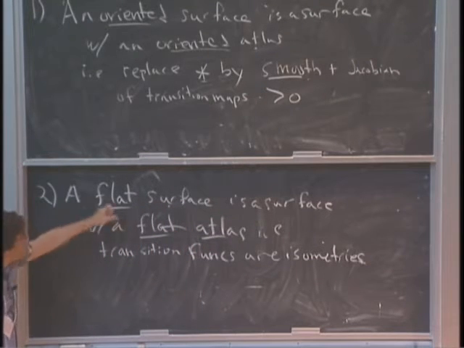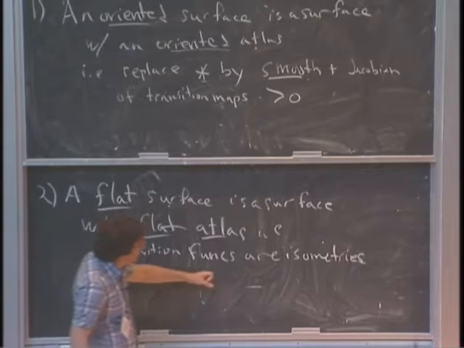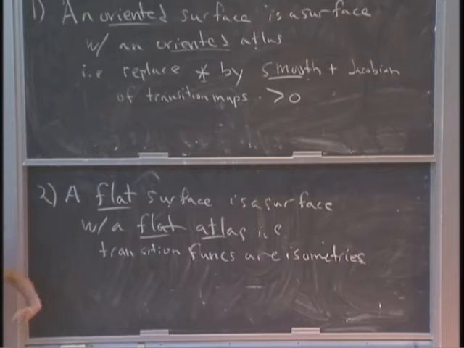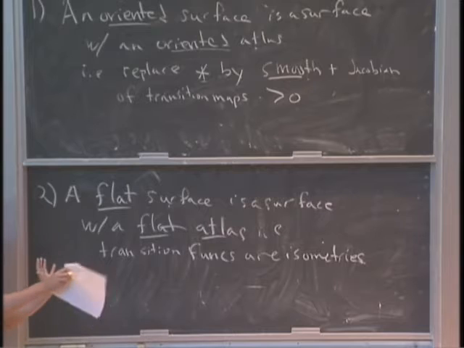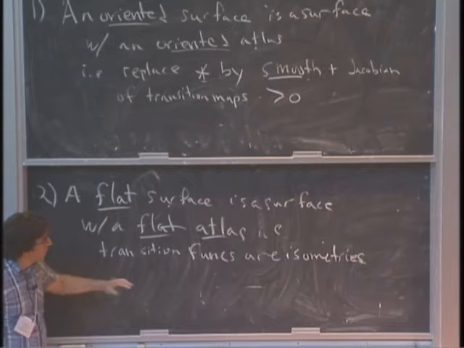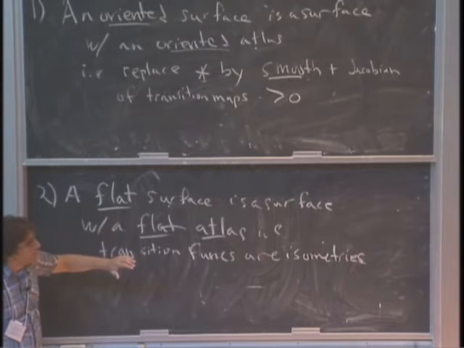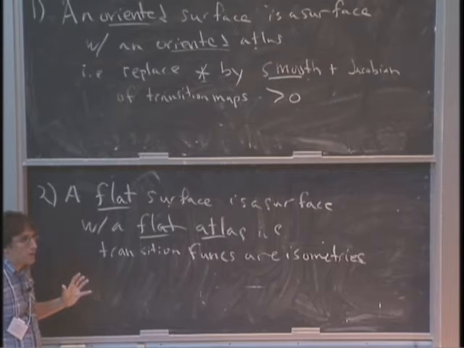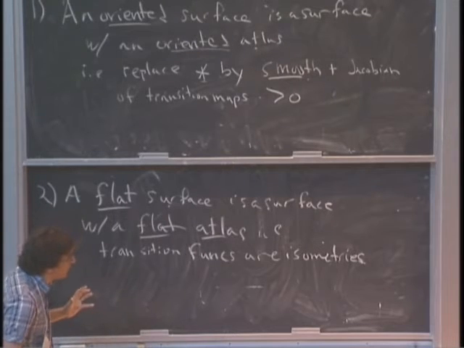If you're forcing the transition maps to be isometries, then basically if you pull back a Euclidean metric to the surface by one coordinate chart, and then pull it back by another coordinate chart, the two choices are consistent. So you can patch together a metric on the surface that arises from being pulled back from the Euclidean metric by all the coordinate charts.